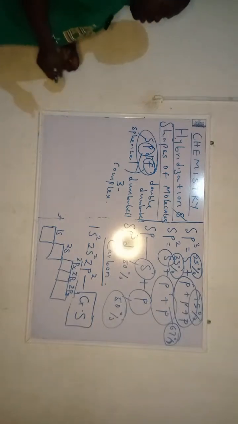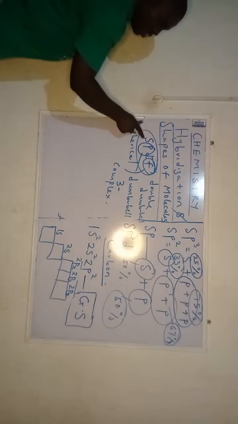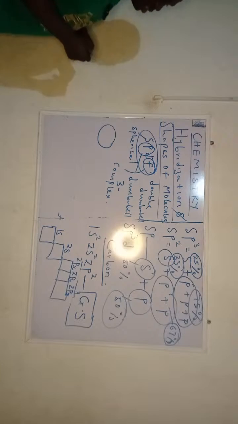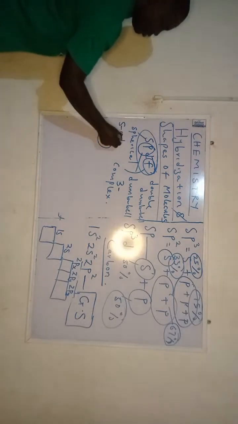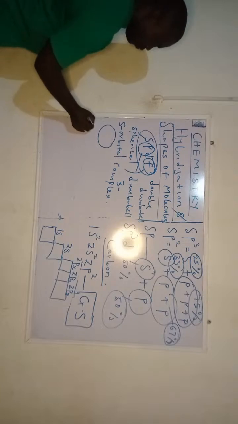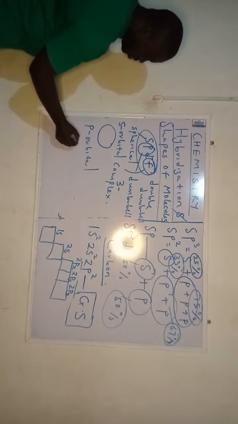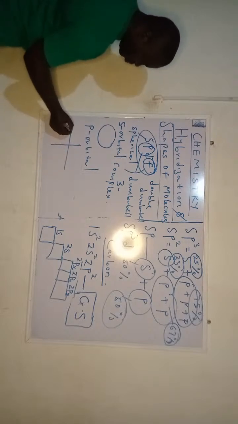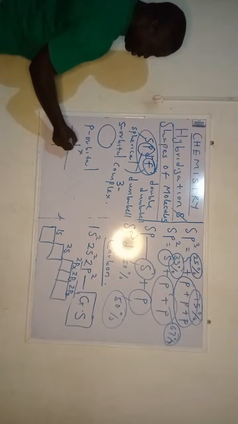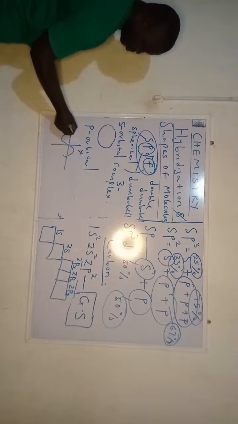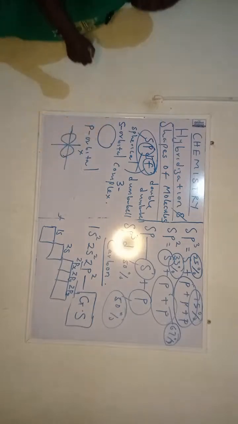Okay, so s is spherical, something like this. s is spherical, that's for the s orbital. And then for the p orbital, you have something like this. For the x part, yes, that's it.